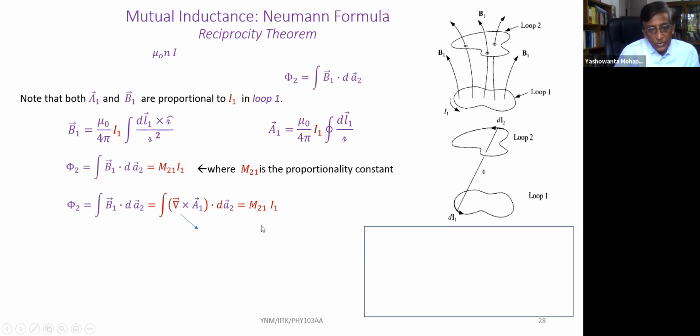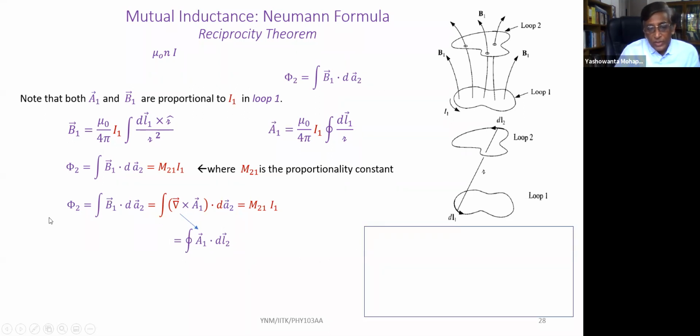All right, so this I can convert from a surface integral to a line integral, invoking Stokes' theorem, of course. And this is over the loop dl2. If I take this dA2, so if I take A1 over dl2, then I'll get the phi.